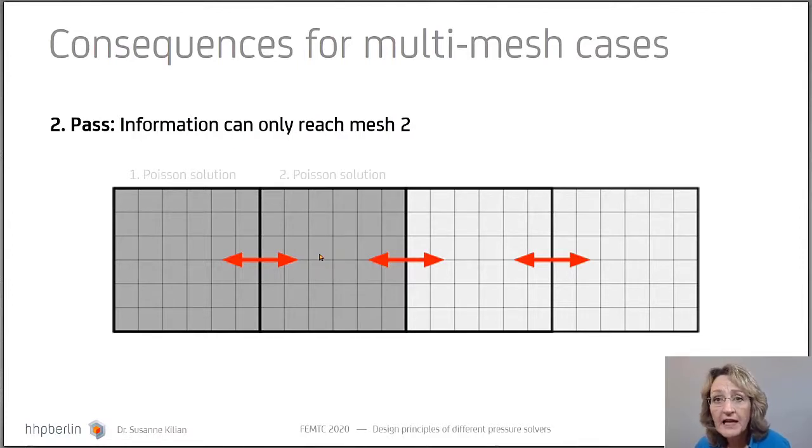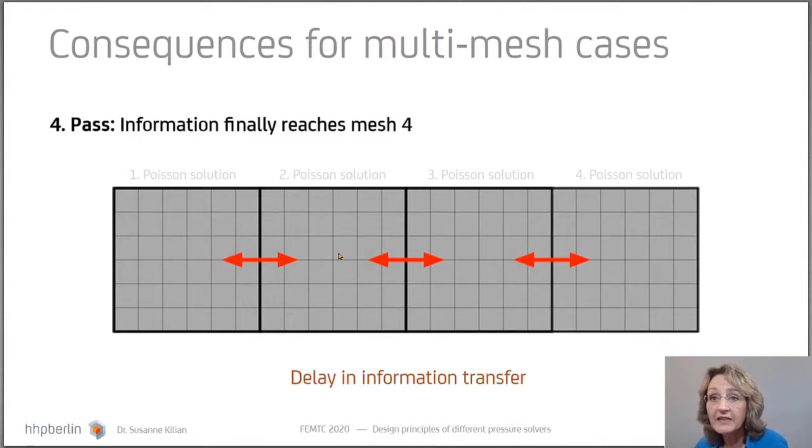But if you only have local data exchanges, it can only reach mesh 2. So a whole sequence of successive local exchanges must take place until the information finally reaches the last mesh. So you have some kind of delay in information transfer.